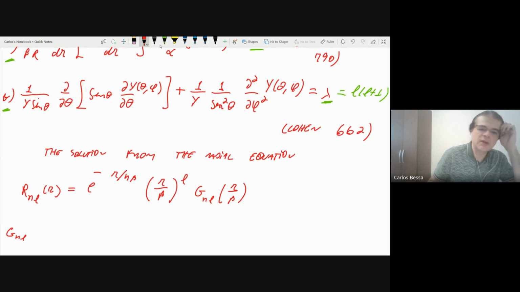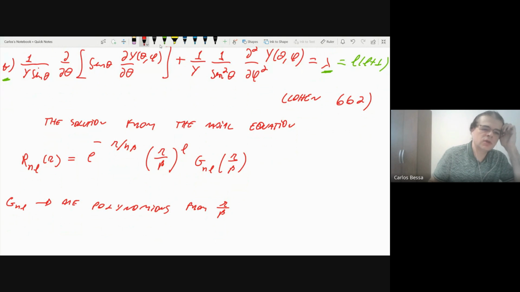So these G n L are polynomials of r over beta. In this solution, the n is related to the L. That's the relation with lambda, okay? It's related this way: L plus 1, L plus 2, L plus 3, and so on.